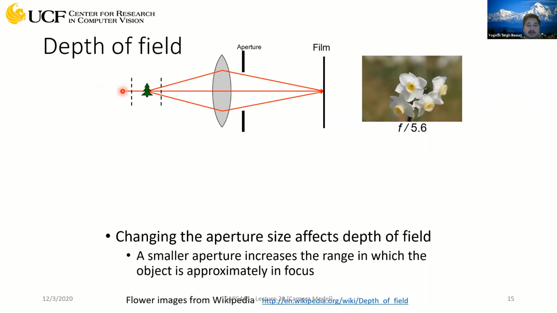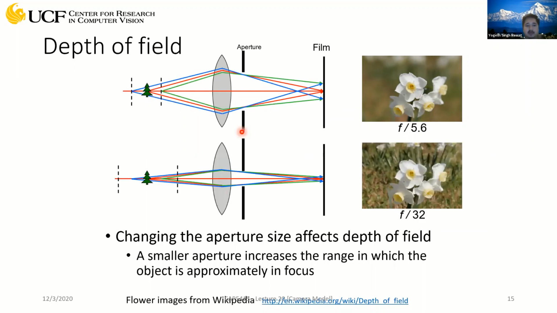If your depth of field is high, then this distance will be pretty large, and all the objects in this range will be in focus. So you can see the difference here. This is a very small depth of field, and this is a very large depth of field because the background objects are also in focus. Not that great focus, but still better than the previous image.